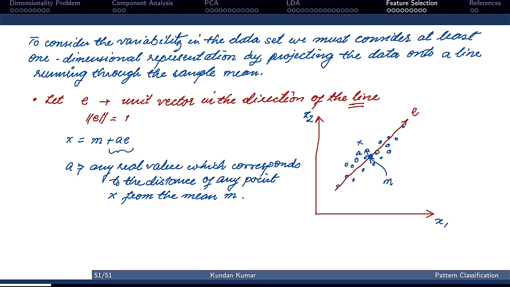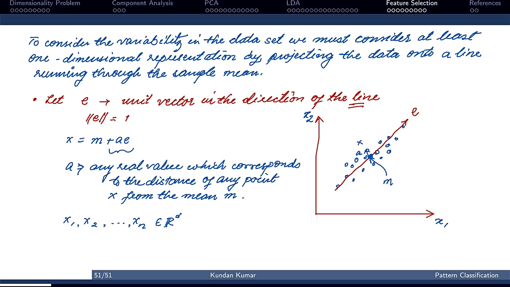Now this is for only one sample. So we can have n number of samples, x1, x2, up to xn, these are the n number of samples, and this is from the d-dimensional feature space.